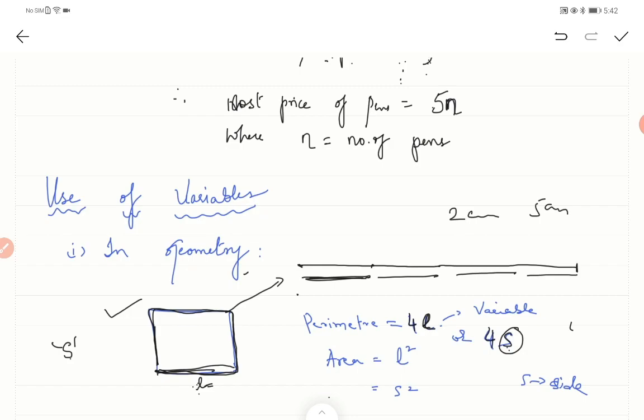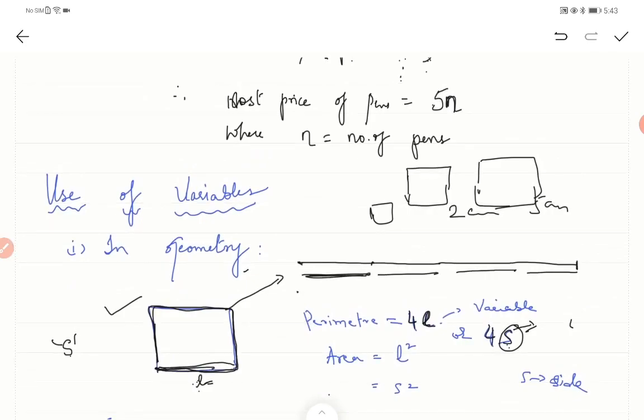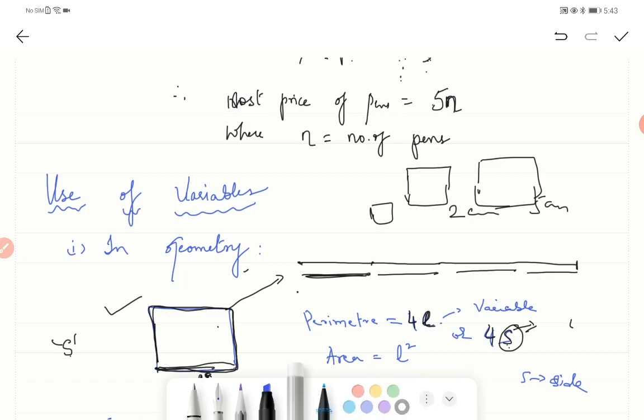It can be a square of 1 centimeter, 2 centimeter, 3 centimeter, 4 centimeter, and so on. So the length of the side of the square is a variable. It can hold any kind of value. Similarly, the area of a square will be L square, so side square becomes the area. You represent it with S square or L square.